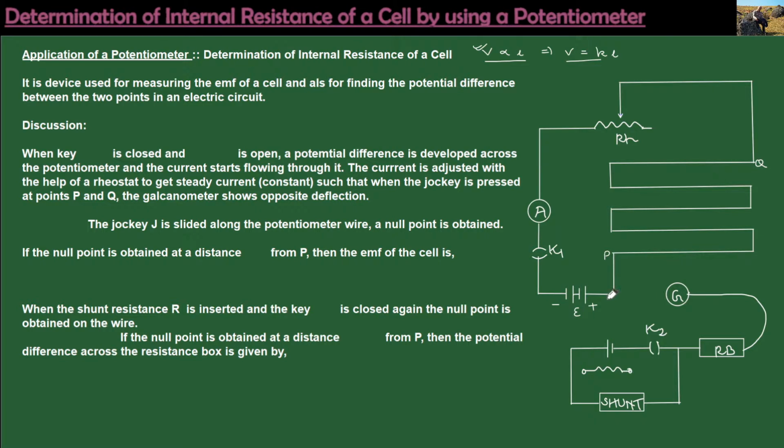Now besides that, over here we have this key one, and also we will have this rheostat. This rheostat will help us to maintain the value of the current. By adjusting the value of the current from the rheostat, we can find how much current will be delivered through this circuit connection.